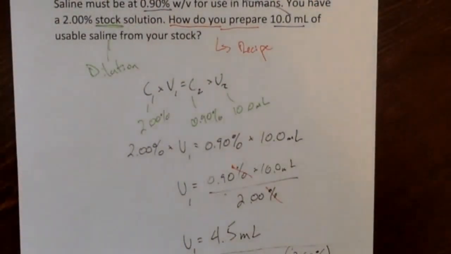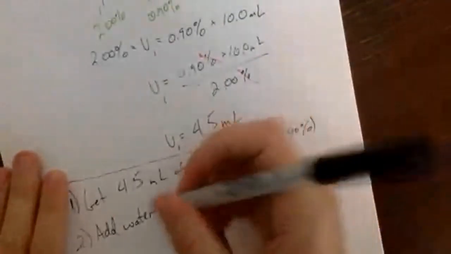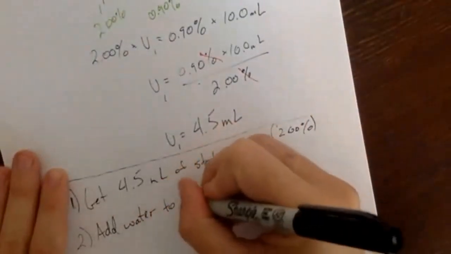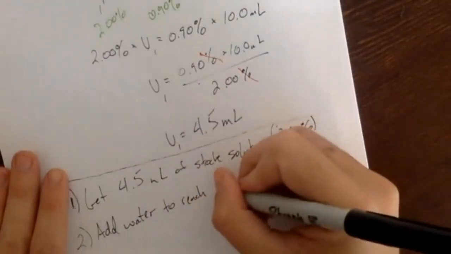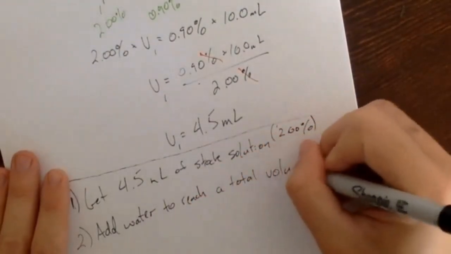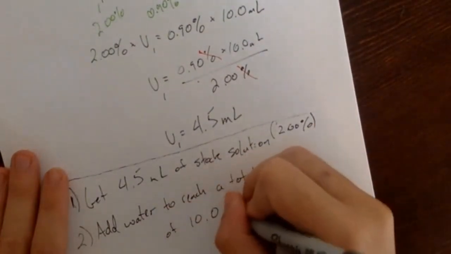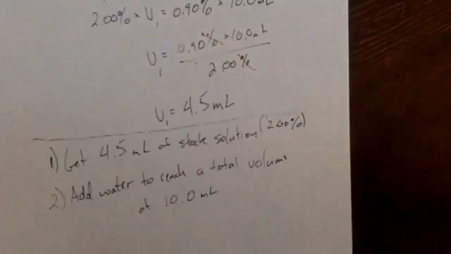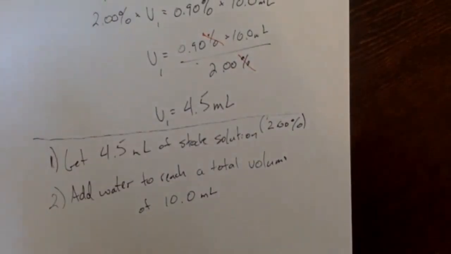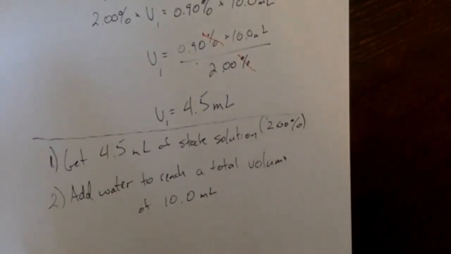You don't add 5.5 milliliters. Instead, you add water to reach a total volume of 10.0 milliliters. It's going to be close to 5.5, but not exactly 5.5.